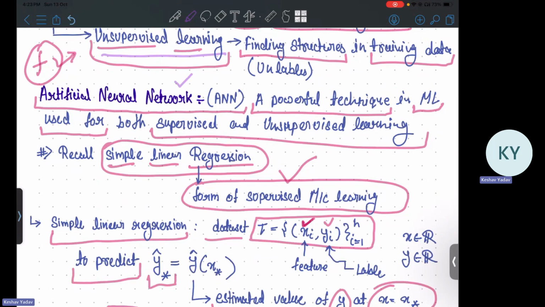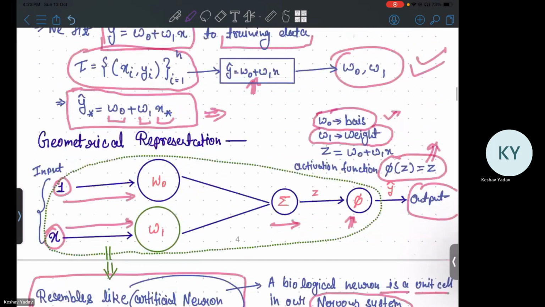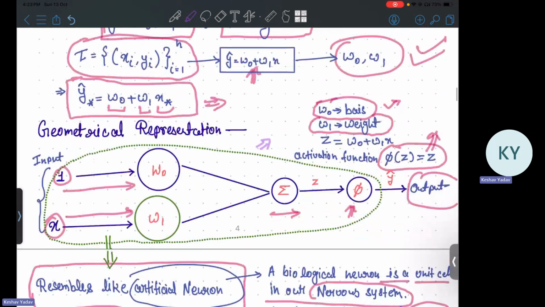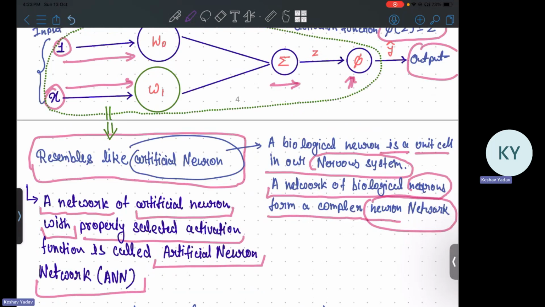What is ANN? We have represented in a geometrical form simple linear regression that looks like a neuron that is present in our body. So we have named this artificial neuron.